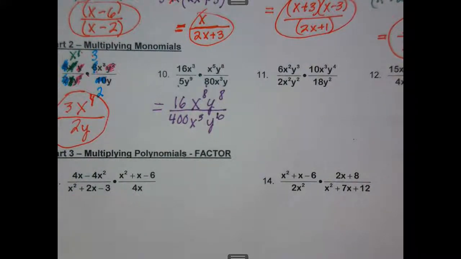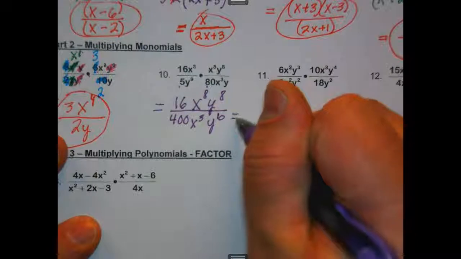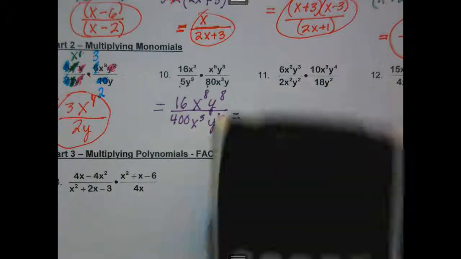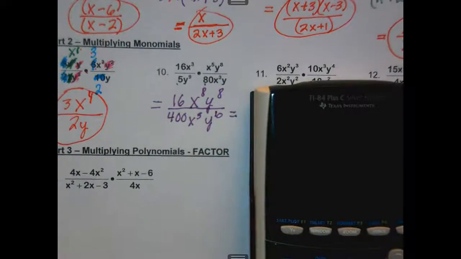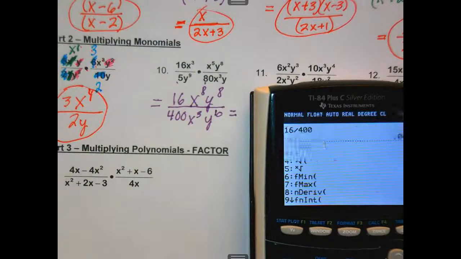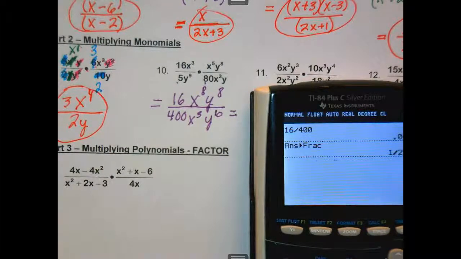Hang on, I'm not done. I have to simplify. What's 16/400? Well, that's easy because I can put that in my calculator, right? 16 divided by 400, hit math, enter, and I get 1/25.